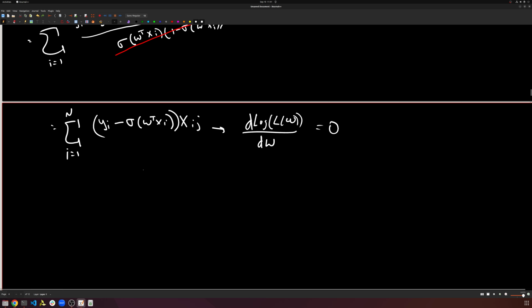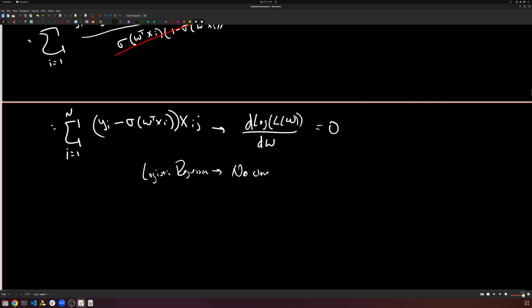So logistic regression has no closed form solution, because there's no way I can set this equal to 0 and solve and just get a direct answer, which is why we really depend on optimization.